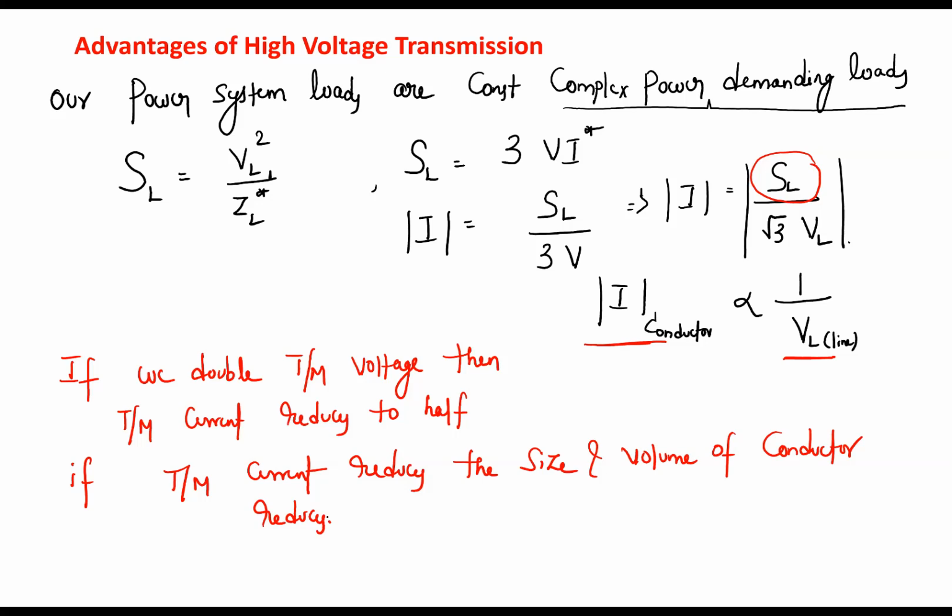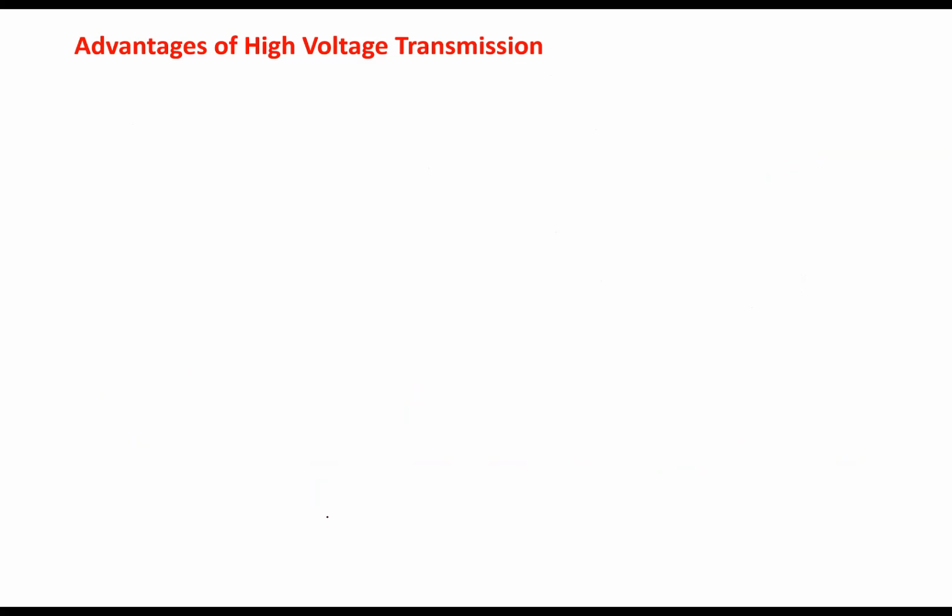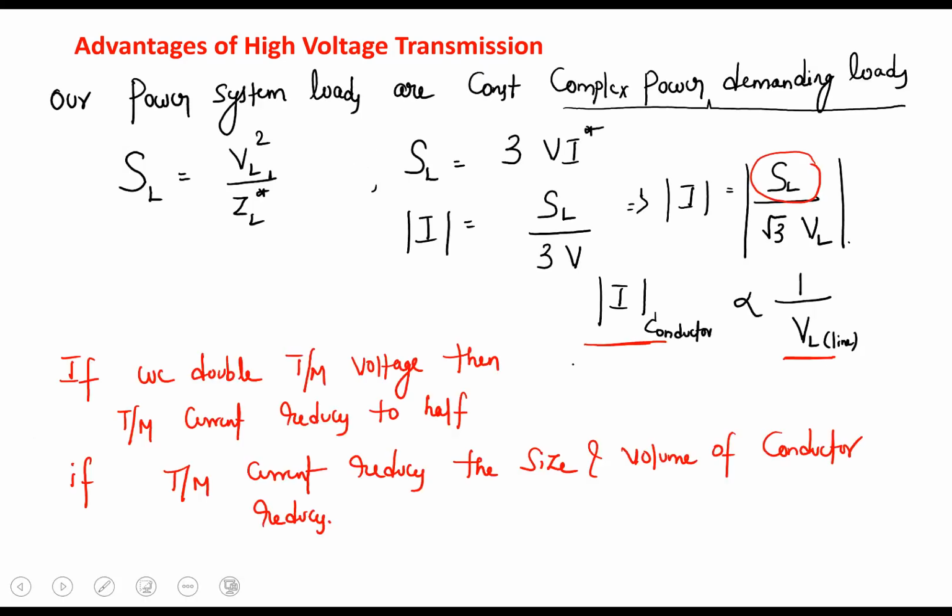Now, the second advantage: transmission loss. What is the transmission loss? Three I square R, isn't it? Now, how can I write I from the previous case? I is equal to SL by root 3 VL.